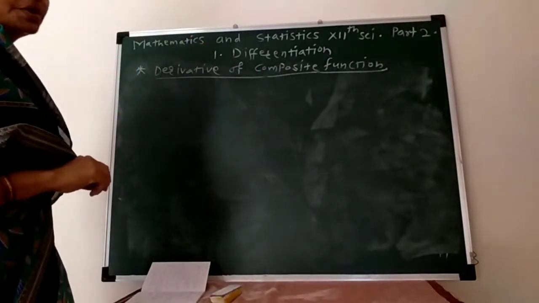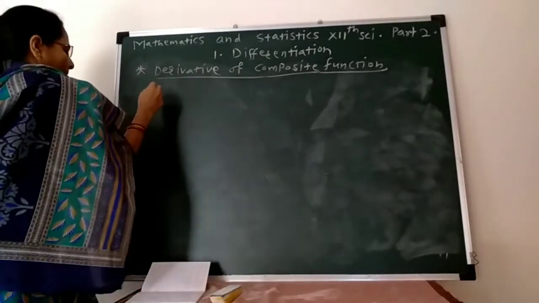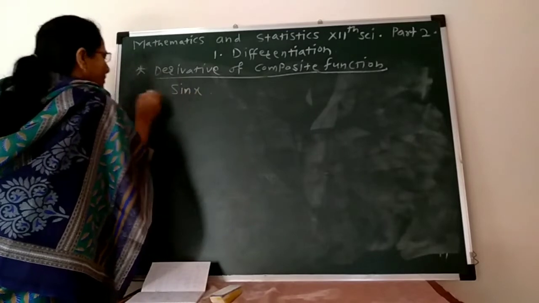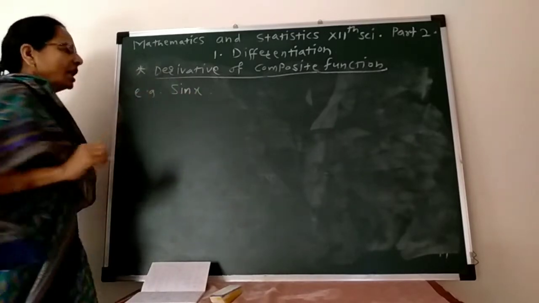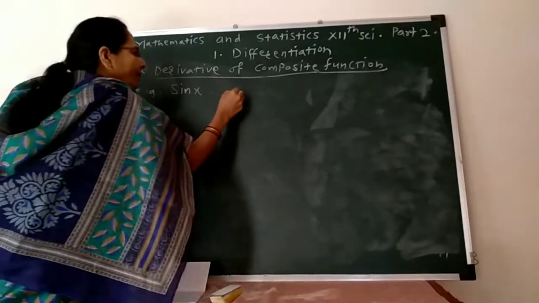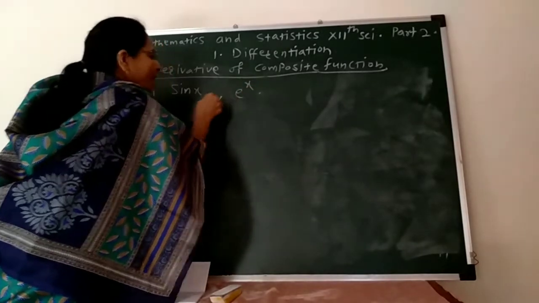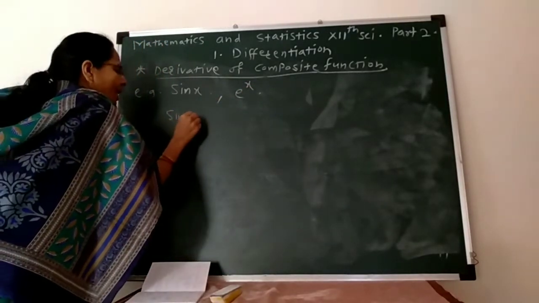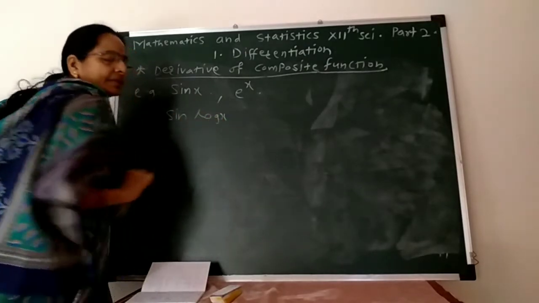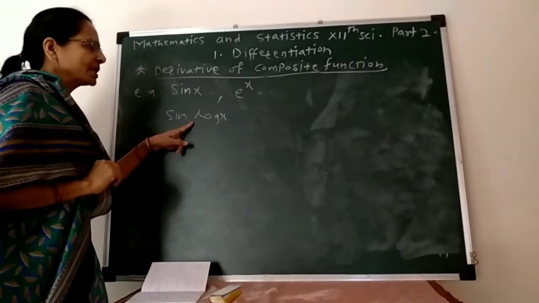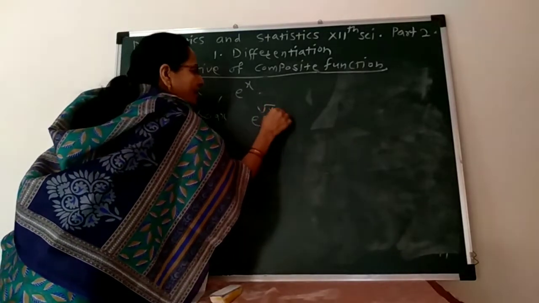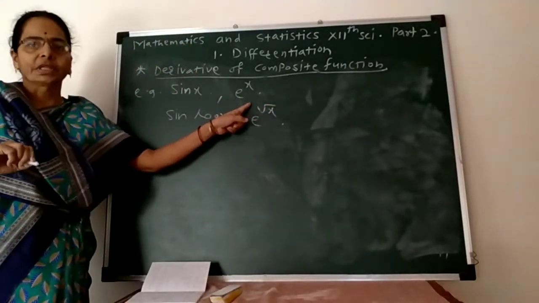Derivative of composite function. Sin x, for example, sin x is a simple function, e raised to x is also a simple function, but when we take sin log x, this is a composite function. Suppose we take e raised to root x, then this is a composite function.